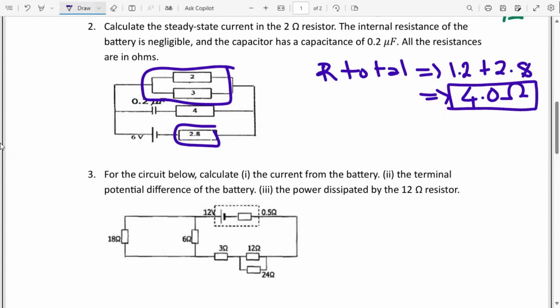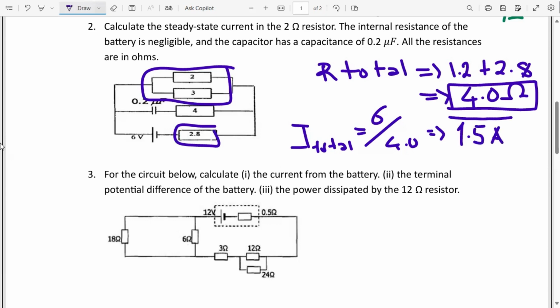The total current will be equal to voltage, which is the EMF, over resistance. So the voltage is 6 volts over the resistance, which is 4.0. That means our total current in this circuit is going to be equal to 1.5 amps.